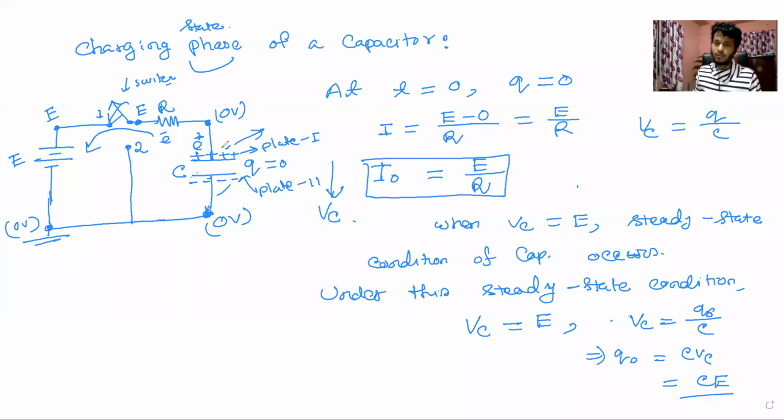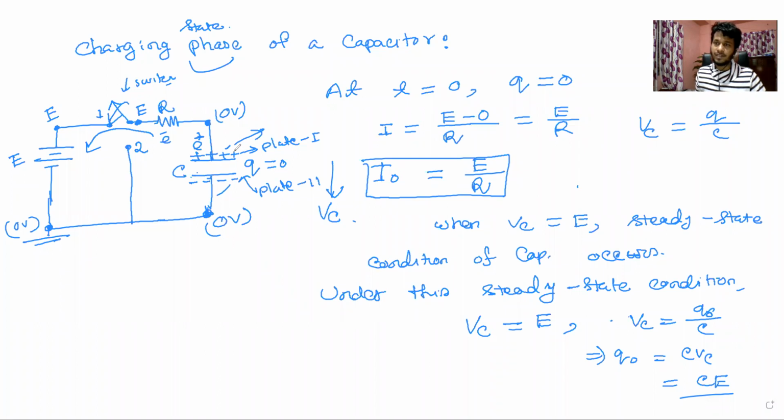So what would be the current under steady state condition through this circuit or through this capacitor? Zero, almost zero. Look, under steady state condition, the potential difference across the capacitor and the power supply is equal. So if there is no potential difference between this power supply and capacitor, then there will be no transfer of charge, isn't it?